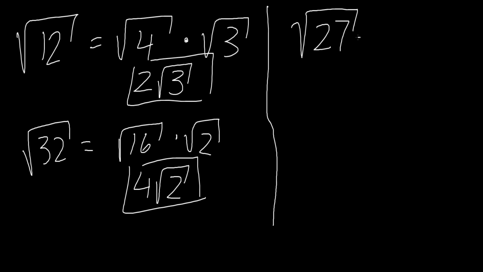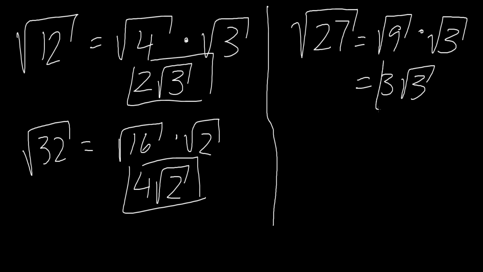We know that the square root of 9 times the square root of 3 equals the square root of 27, because 9 times 3 is 27. Now, can we simplify one of these? Yes, we can. The square root of 9 can be simplified into 3, and the root 3 stays the same. So it's 3 root 3.